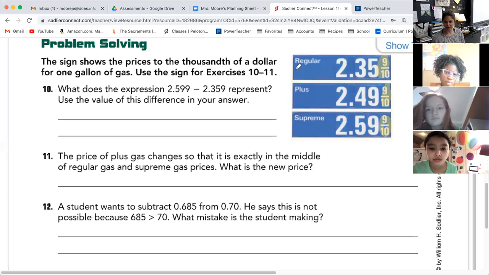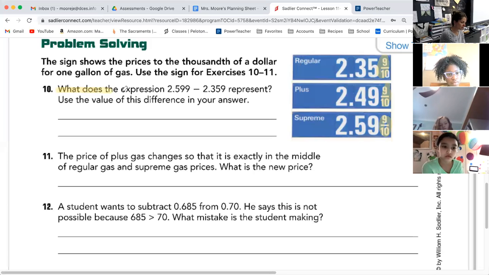How much is a gallon of the Supreme gas? $2.59, right? So in number 10, when they ask you, what does the expression represent? The word represent means describe with words what information that expression is showing. So what is this showing?